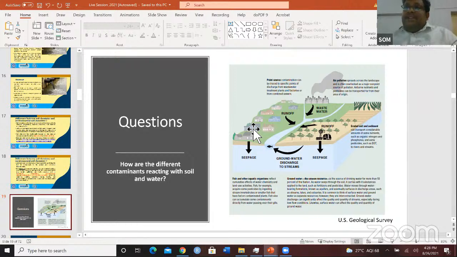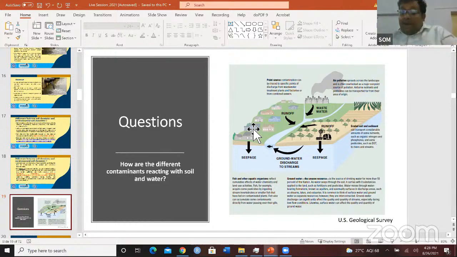However, these different contaminants from different sources, when they move from one place to another, vary from one soil to another depending on different soil properties, like their retention in the soil and their characteristics of movement through the soil.